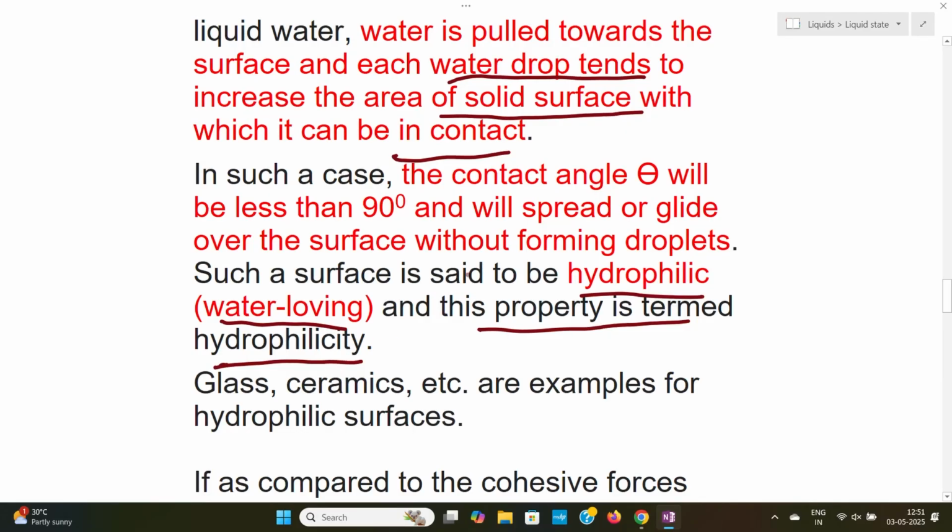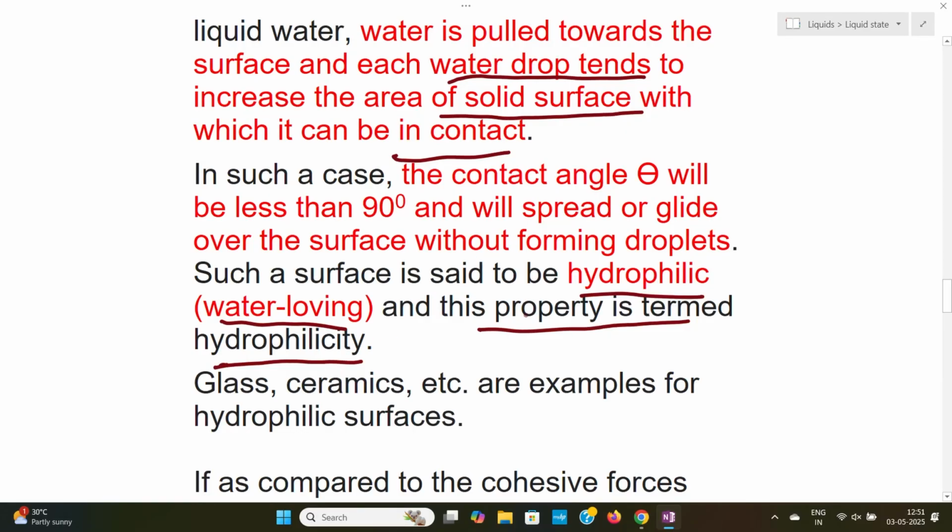Therefore, the water molecules are pulled towards the solid surfaces and spread on the solid surface, and the contact angle will be less than 90 degrees, and that surface is said to be a hydrophilic surface, and this property is said to be hydrophilicity.